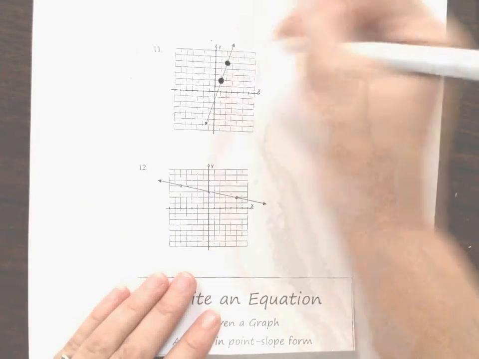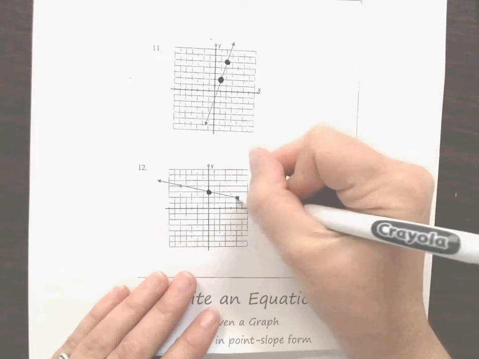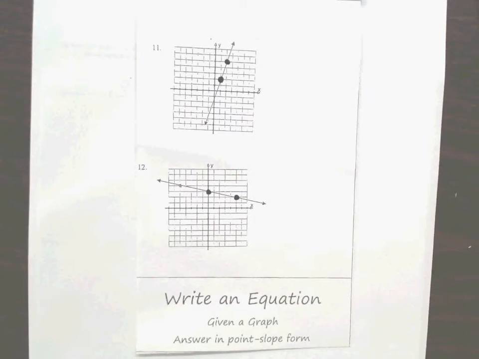Okay, so number 11. What was number 10? We are going to do the 2 points that are given, and number 12, we're going to do those 2 ordered pairs. So if nothing else, you write down your ordered pairs and your slope on 11 and 12.